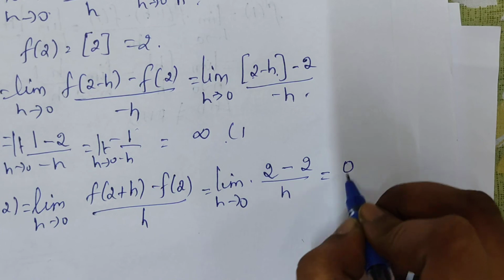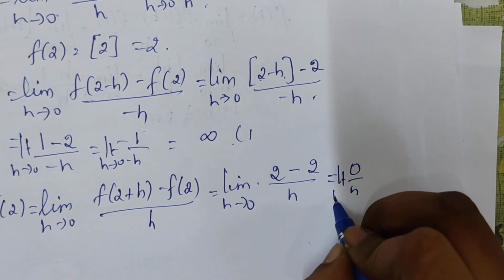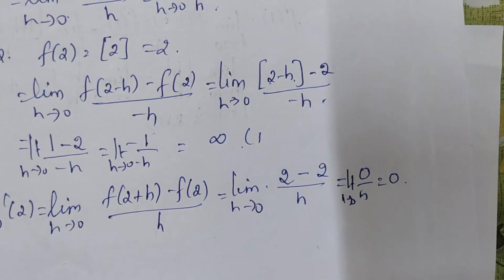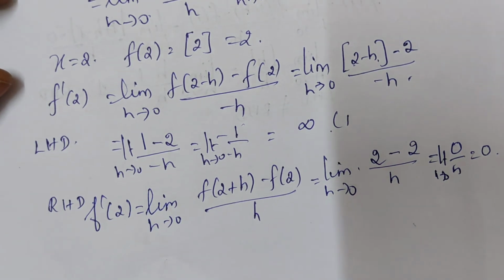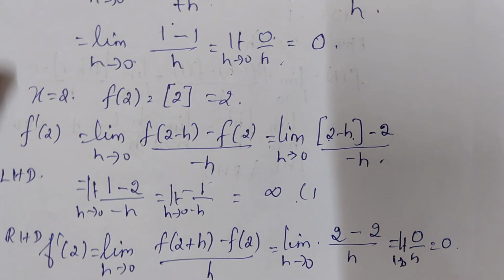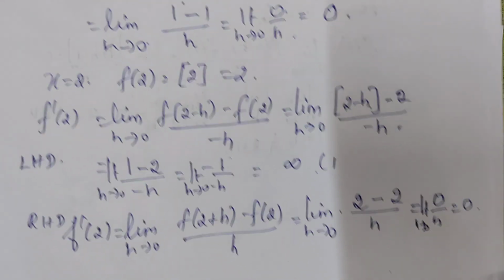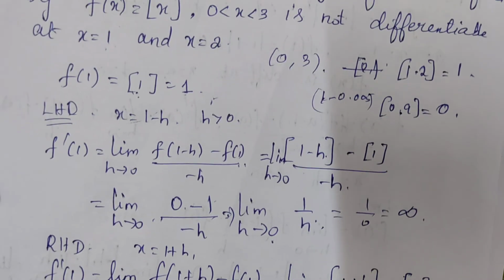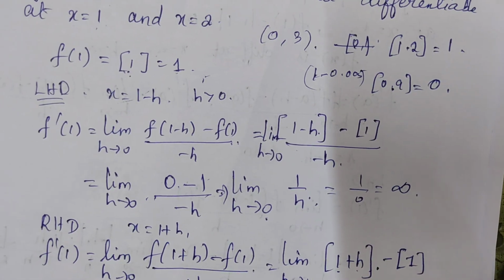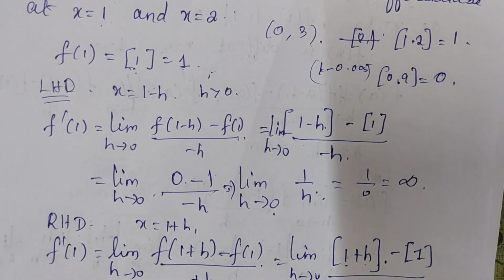So it is 0 by h, which is going to be 0. So here the right hand derivative is not equal to the left hand derivative, so the function is not differentiable. Hence we proved the function is not differentiable at x equal to 1 and x equal to 2. Thank you.